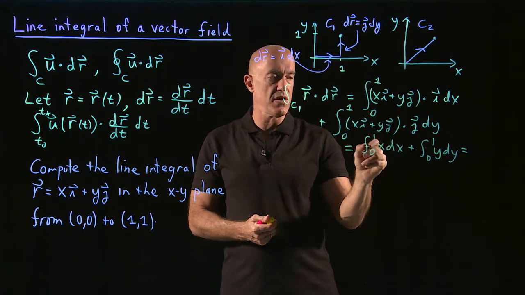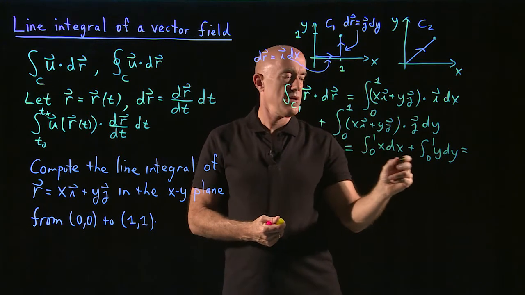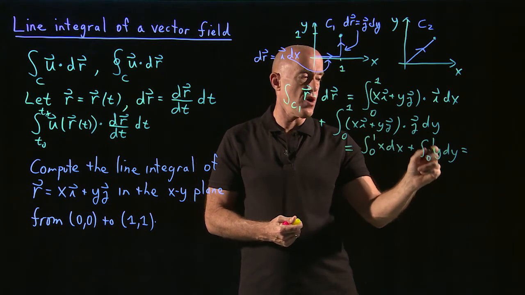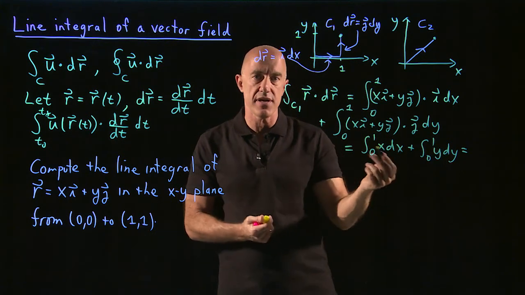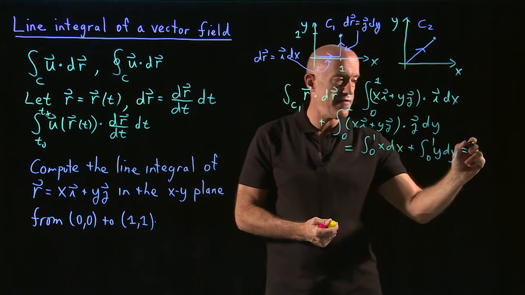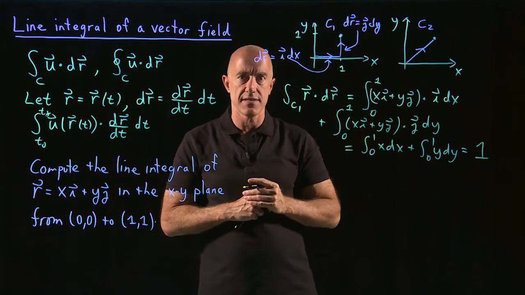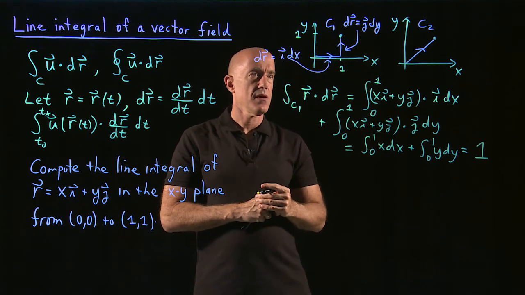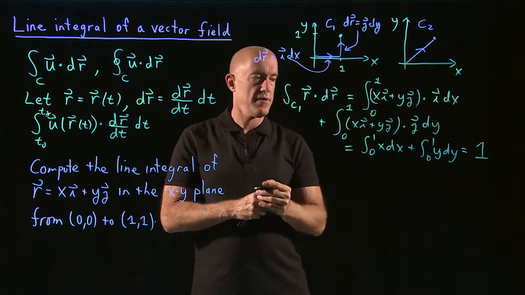The integral from 0 to 1 of x dx then will be 1/2. The integral from 0 to 1 of y dy is exactly the same. Here y is a dummy variable, and here x is a dummy variable. So that's 1/2 plus 1/2, so we get 1. I think everybody can do these simple integrals. Okay, so that takes care of this first path.